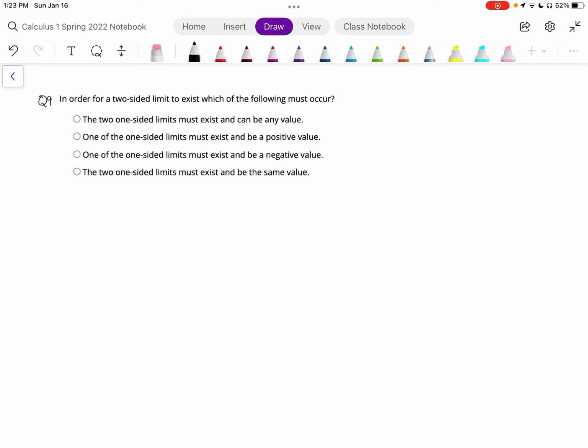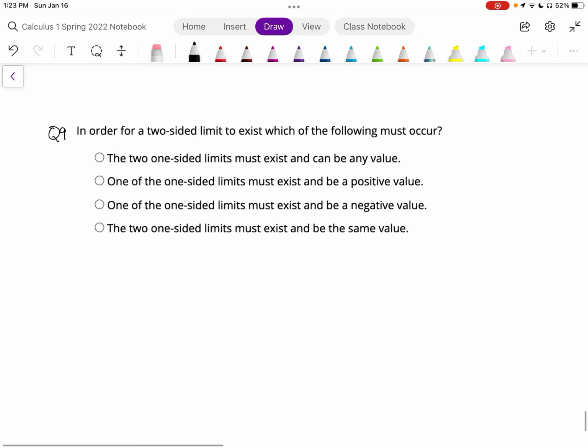Okay, hopefully we ended with an easy one, but if you had any questions, in order for a two-sided limit to exist, which of the following must occur? So I'm not going to read all those to you, but hopefully you found the two one-sided limits must exist and they must be the same.